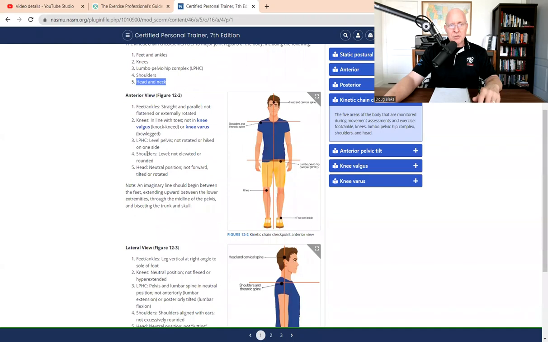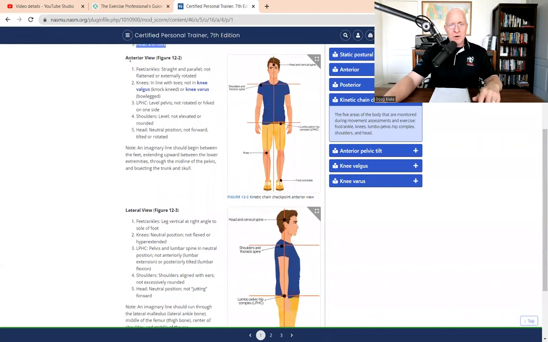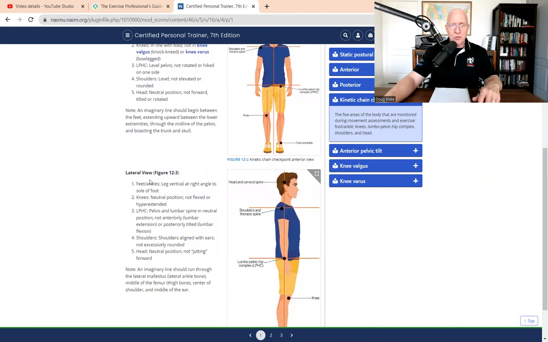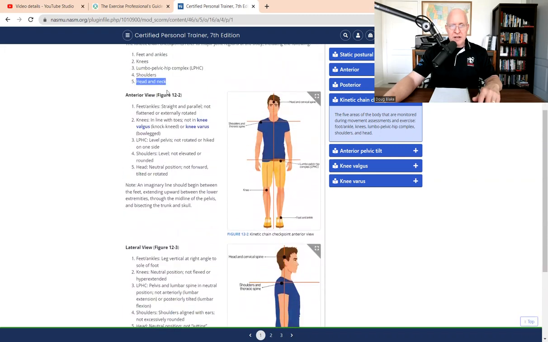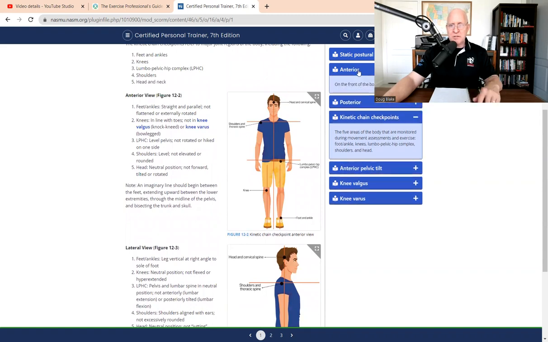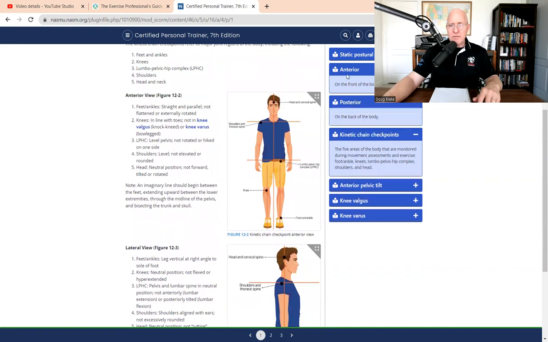So I just wanted to show you that one of the important areas you definitely want to read through and understand is the anterior view, figure 12.2, and the lateral view when you're dealing with these static postural assessments. The key element from a purely memorization perspective is over on the right side of the screen here, but in your book, it's a side panel.